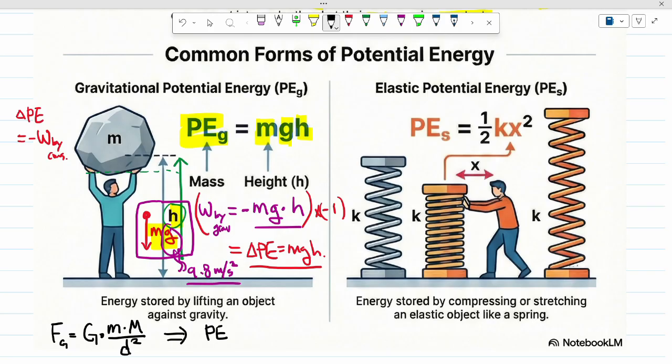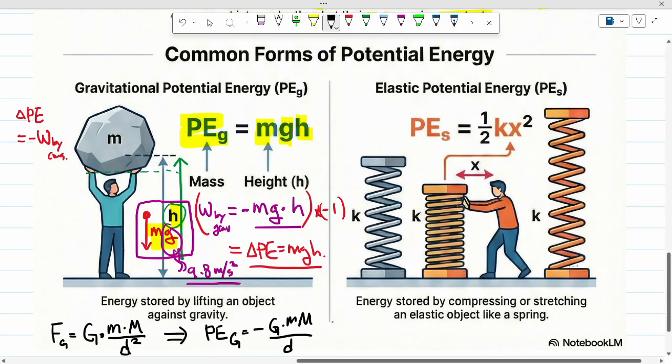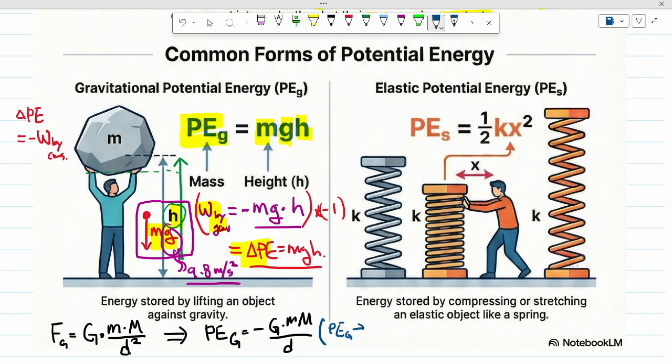So the universal gravitational potential energy is given by minus the gravitational constant times the product of the masses divided by the distance, not squared, just the distance. This comes from doing an integral, applying this definition in a calculus way. This comes from a specific convention where gravitational potential energy goes to zero as the distance goes to infinity. So I thought I would just mention this, but I don't think we ever really use this in the class.